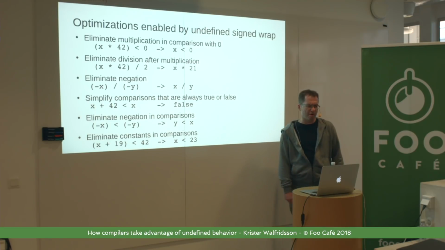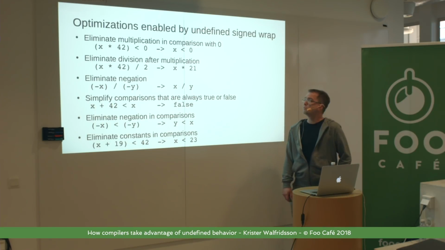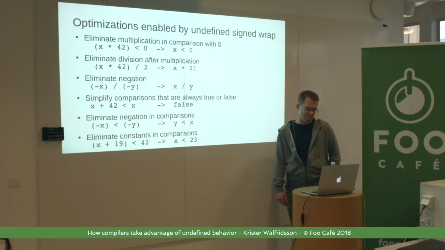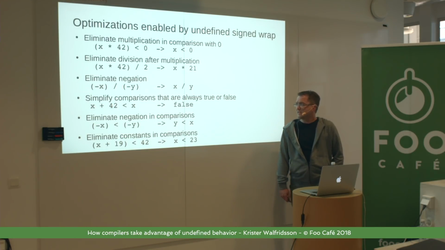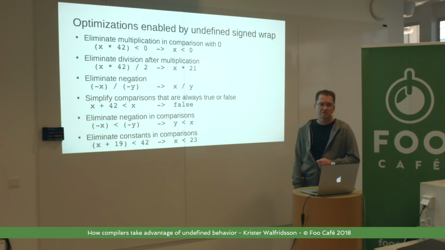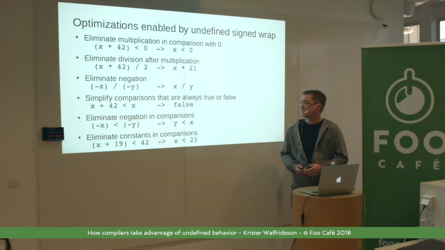So there are a couple of different rules for optimization we can do. All of them are similar. And this may not seem that exciting, but again, it happens quite a lot after template instantiation, inlining, and so on and so on.